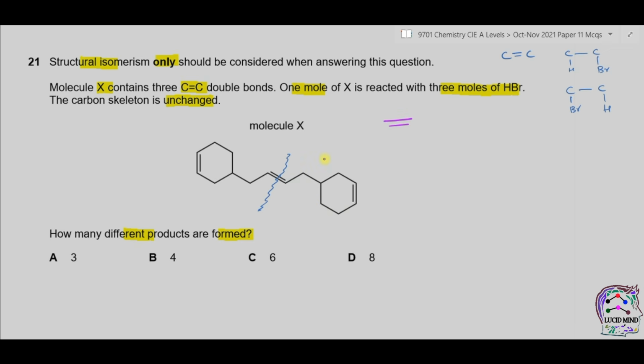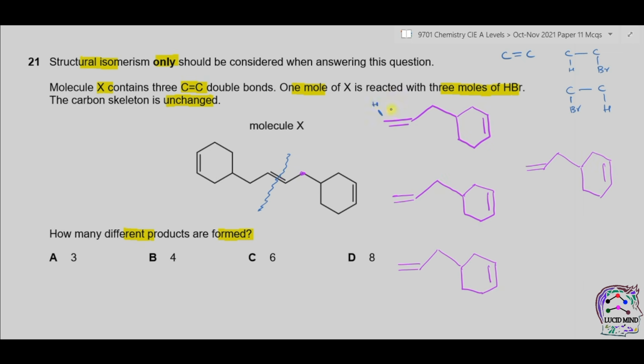We have double bond, this, then we have CH2, and then this alkene ring.